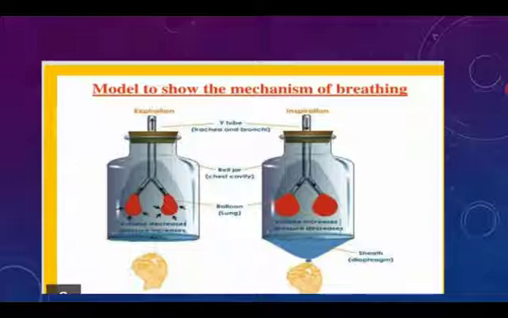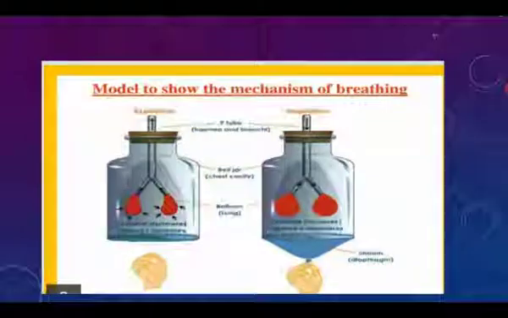When the volume of the jar increases, air from the outside enters into the jar, and when the air enters, the lungs expand. And when we release the diaphragm, the volume of the jar decreases, and so the air present inside the lungs goes outside the body.